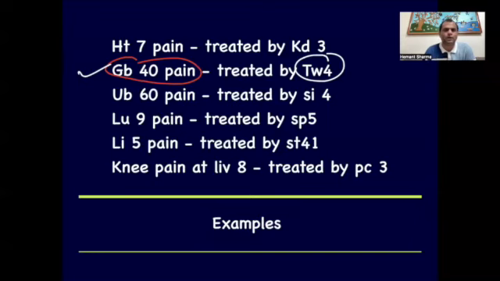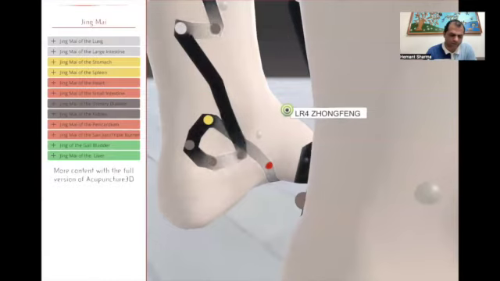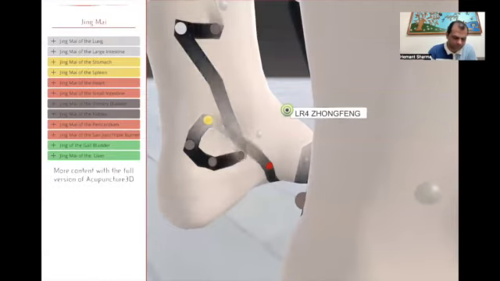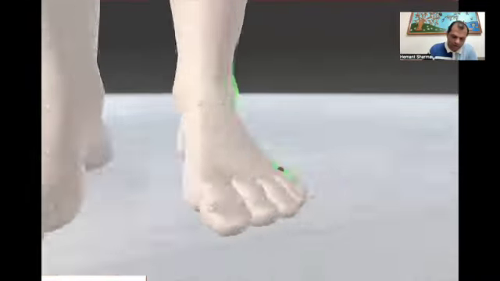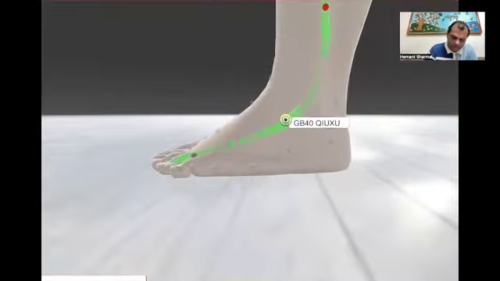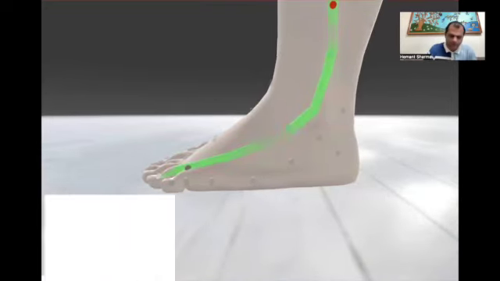The pain in gallbladder 40. I am writing this, but the patient will not tell you. The patient will tell you, doctor, I'm suffering with a pain. I will ask, okay, tell me, where is the pain? He is telling, I'm having pain here, at this location, near about this part here.